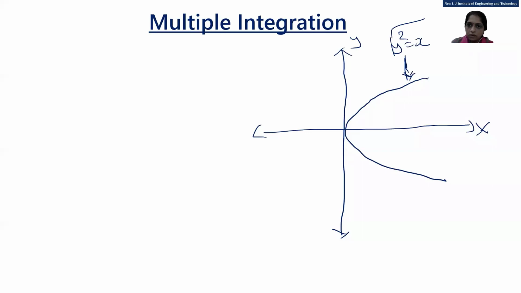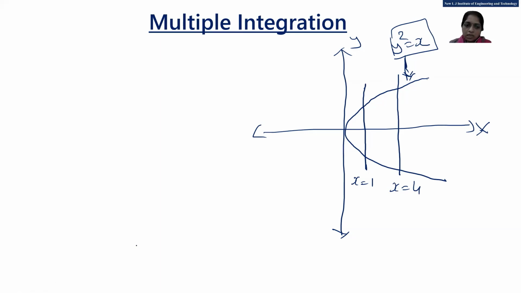If you are given y square equal to x, then you have to draw a parabola surrounding the x-axis. Now, this one is x equal to 1 and this one is x equal to 4.